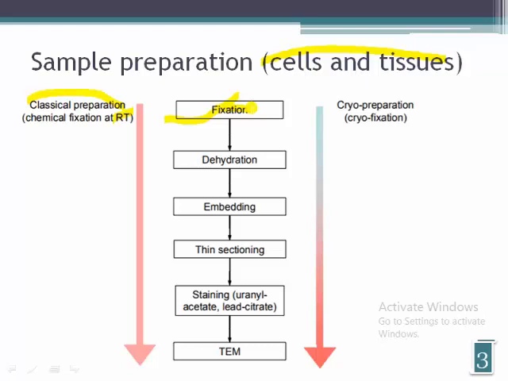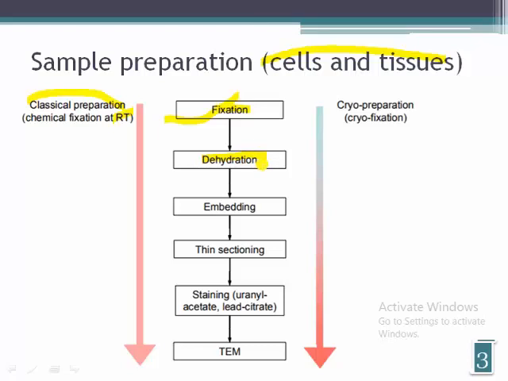We will stabilize our sample by applying chemicals, and this process is done at room temperature. After we fix our sample, there is a process known as dehydration. This dehydration is done by applying ethanol. We have to apply ethanol consecutively.